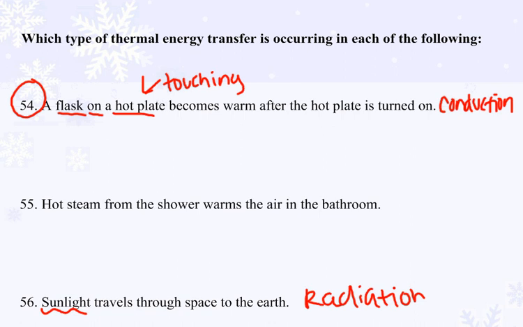And for 55, hot steam from the shower warms the air in the bathroom. It's just a transfer of energy. So this is convection. So if it's physically touching, you know it's conduction. And if it has something to do with sunlight, it's radiation.